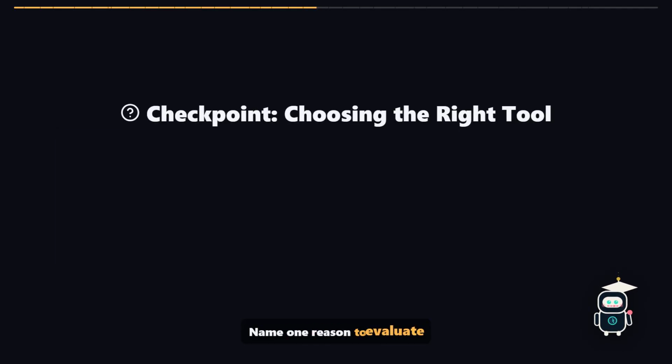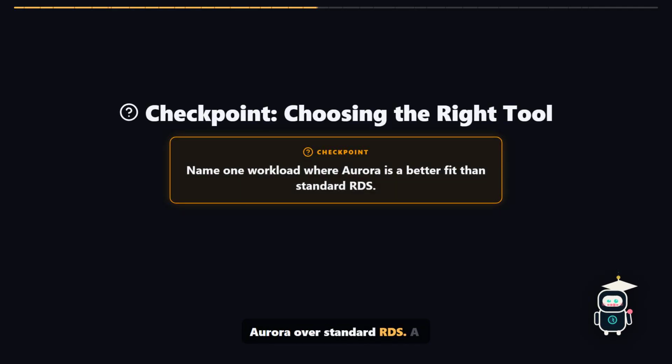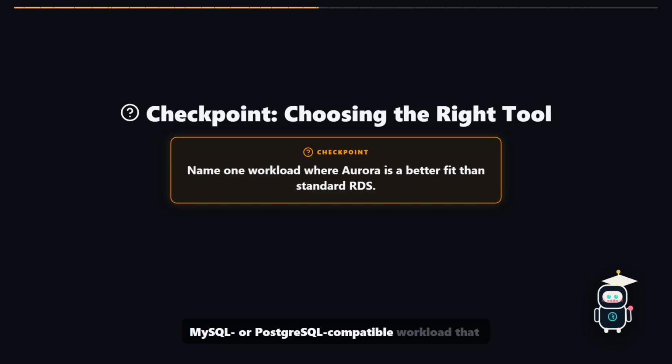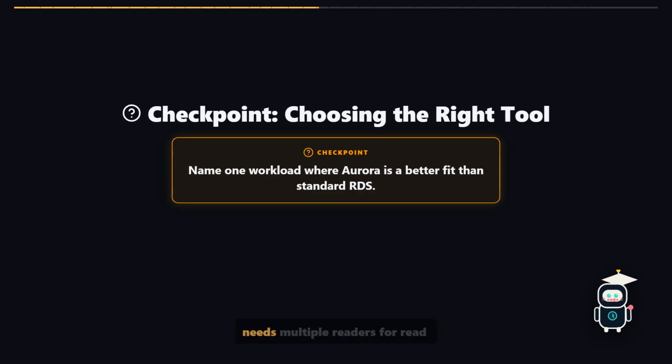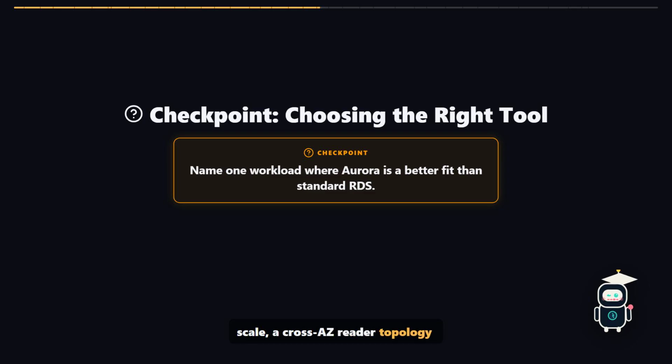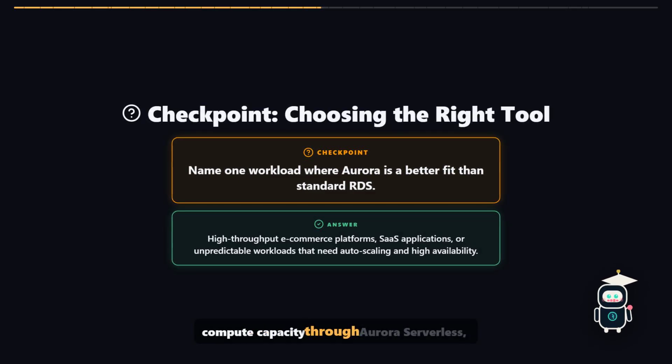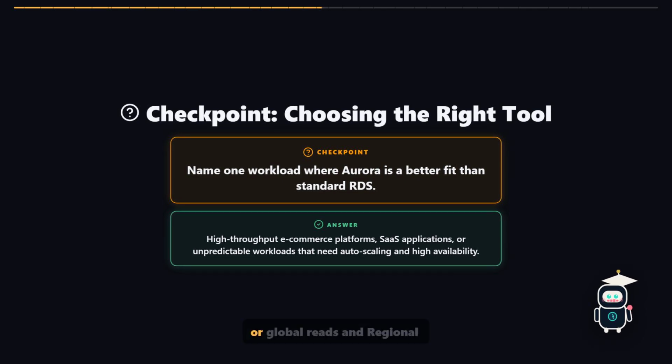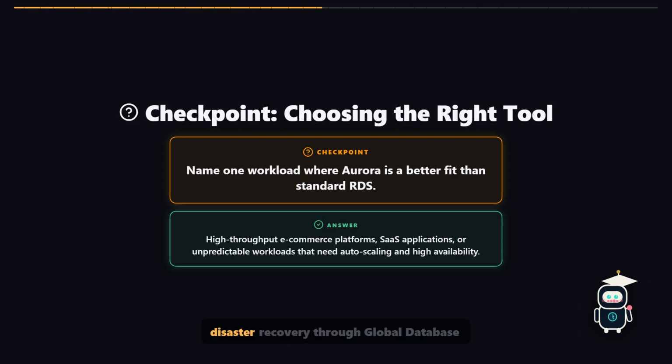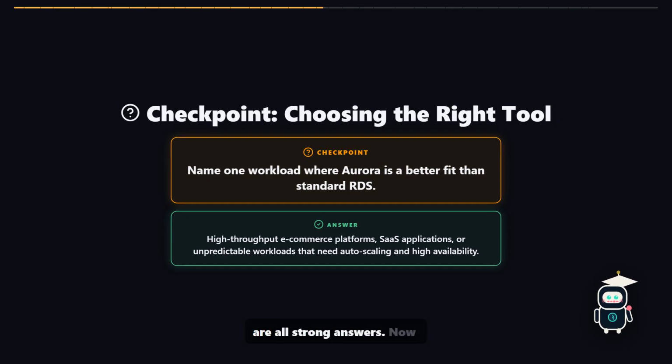Name one reason to evaluate Aurora over standard RDS. A MySQL or PostgreSQL compatible workload that needs multiple readers for read scale, a cross-AZ reader topology for fast writer recovery, variable compute capacity through Aurora Serverless, or global reads and regional disaster recovery through global database are all strong answers.